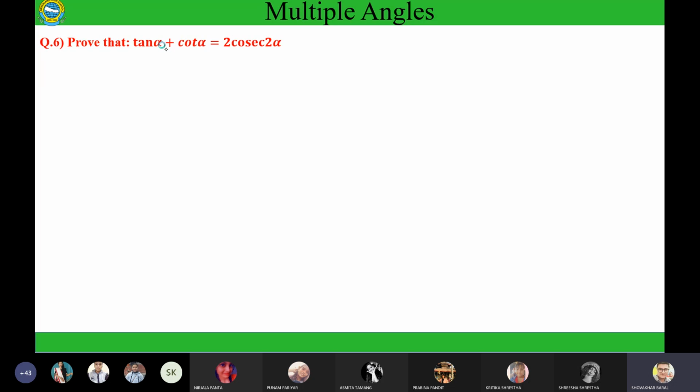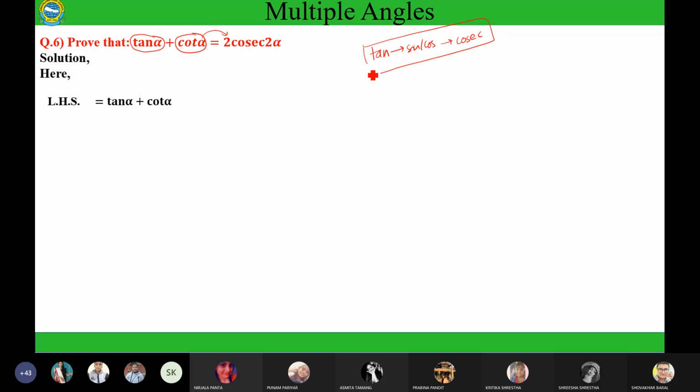So what we can do here is change tan into sine and cos. With tan and cot, we can't go directly to cosec by a formula. The easy way is to use a mediator: go first from tan to sin and cos, and from sin and cos it is easier to reach cosec. Since we need to reduce two terms, first go to sin and cos, take the LCM, and we will get the result.